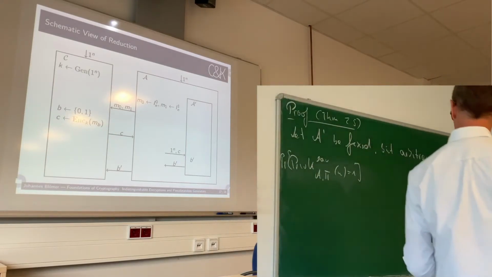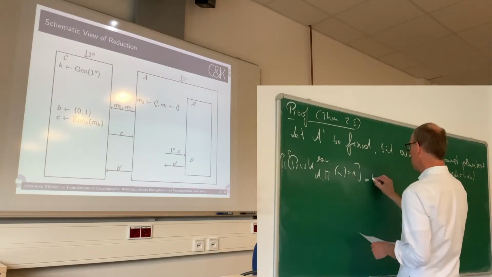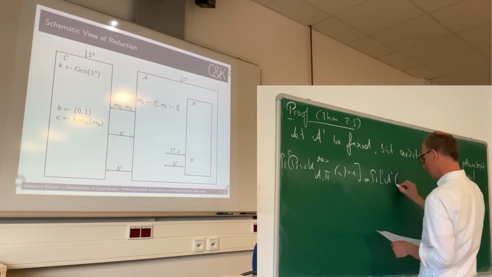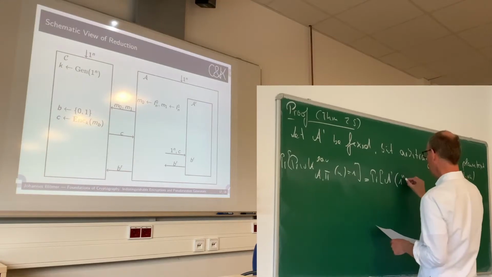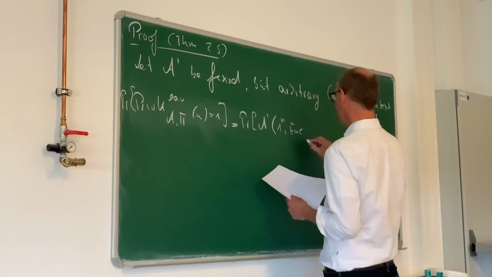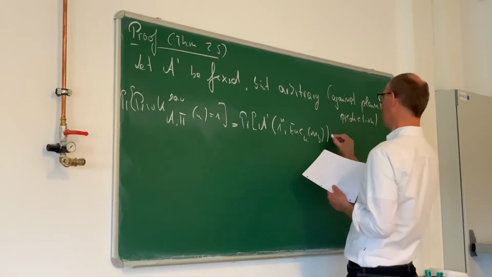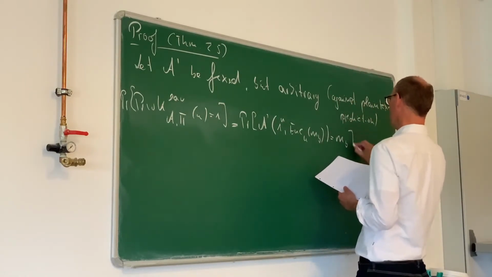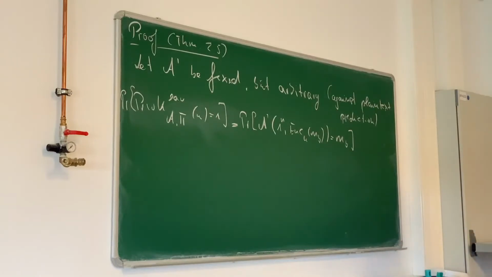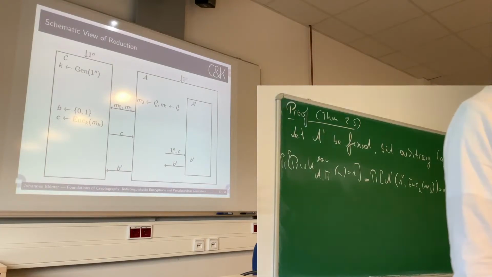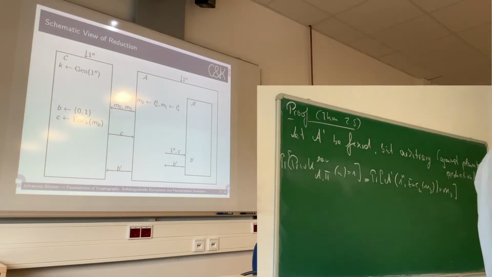So by definition, this is the probability that A prime on input 1 to the n and an encryption of MB outputs B. Definition of my algorithm. Now I do the usual thing. I split things up.